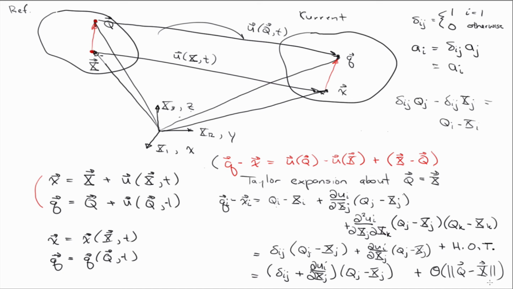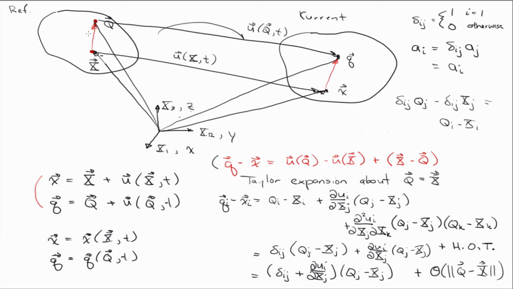I kind of ran out of room here, so I'll use a different color to try to make this obvious. Again, what we're trying to do is come up with a mathematical description that takes line segments in the reference configuration into line segments in the deformed configuration, right?